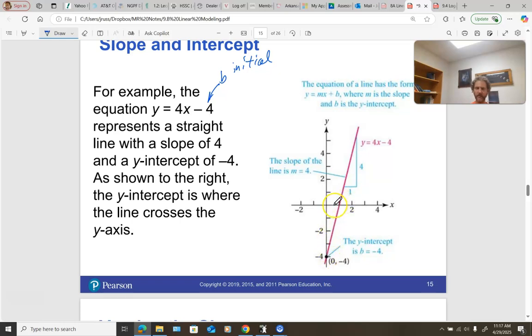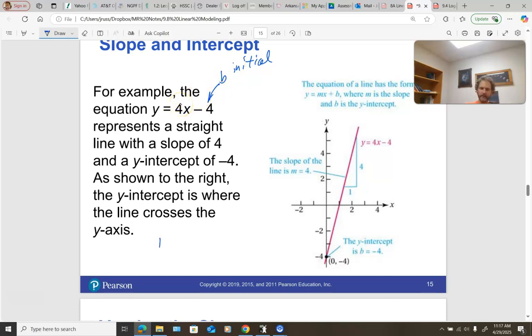Okay? So whenever your value for x is 0, then your value for y is negative 4. Okay? So you get this point right here.